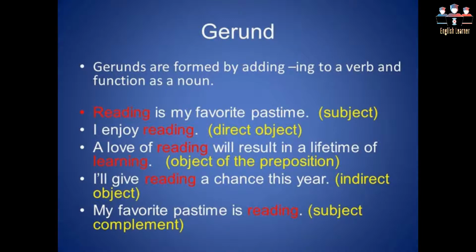In this example, reading is acting as an indirect object because it is not receiving the direct action from the verb give. The last example: My favorite pastime is reading. In this example, reading is acting like a subject complement because it is directly related to my favorite pastime.